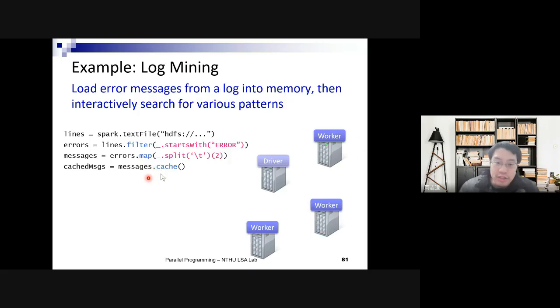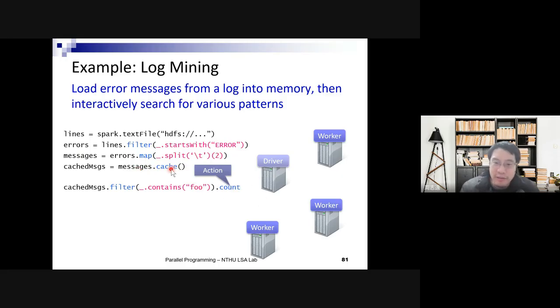So since this is an action, this line will finally trigger the execution engine of Spark. Oh, I'm sorry. Cache is also not an action yet. It just indicates that when this data set gets materialized, it will be stored. So count is the action, not even cache.